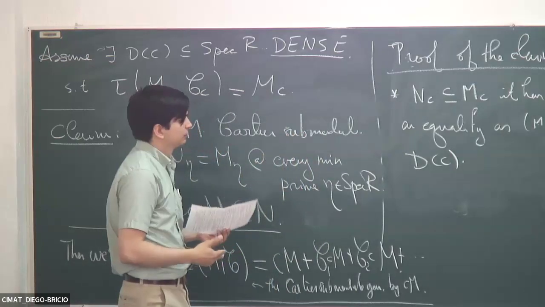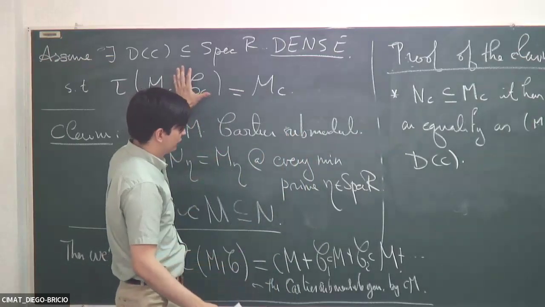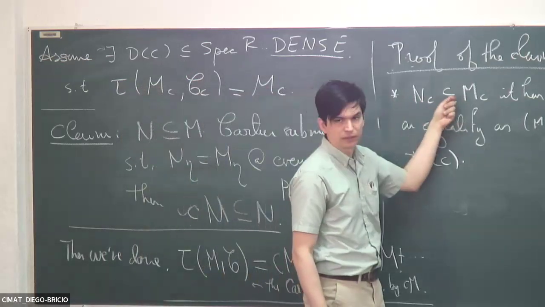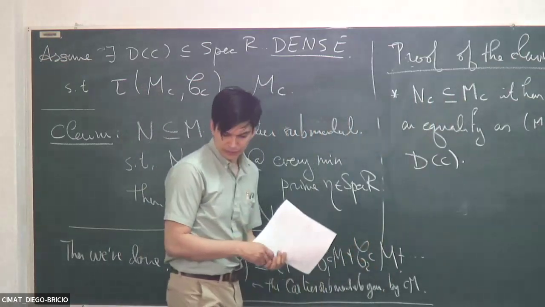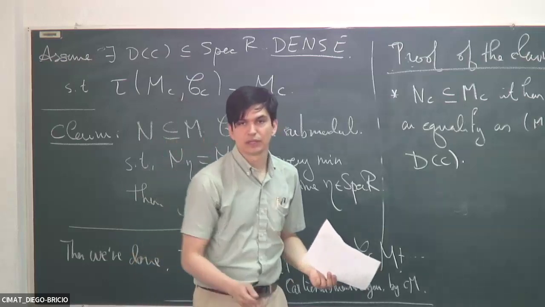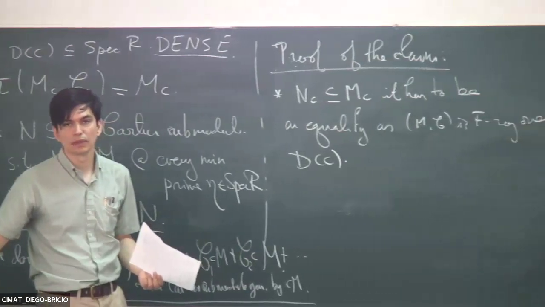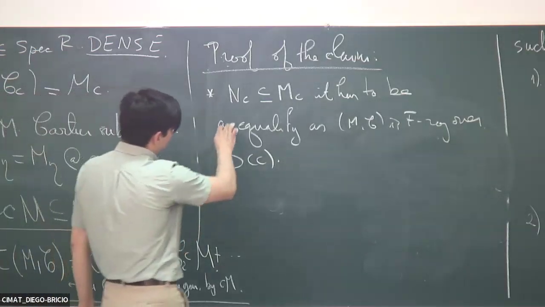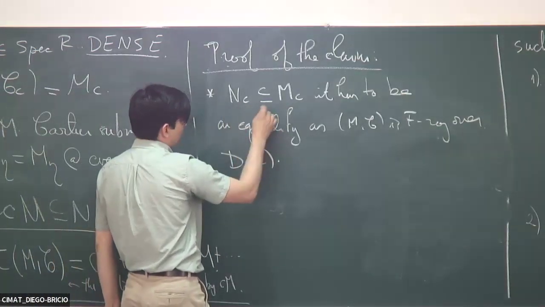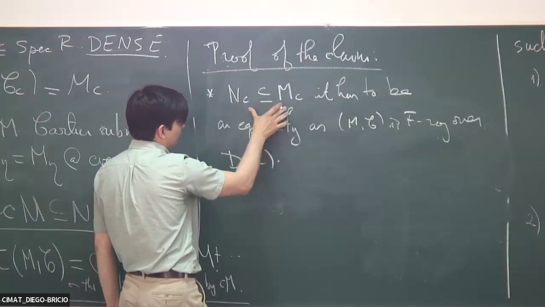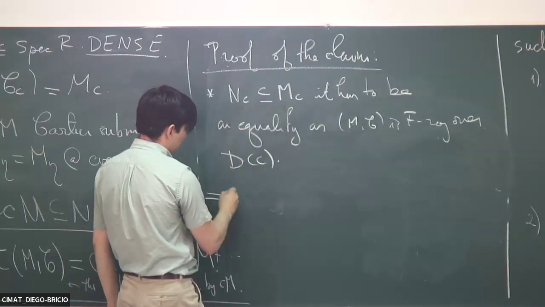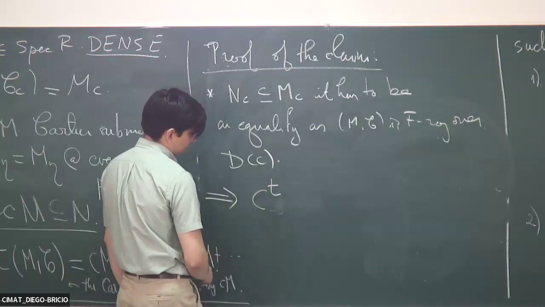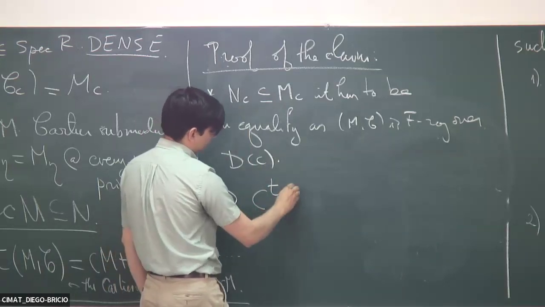Right? That's the hypothesis. We have this generic F-regularity, and so if we have this hypothesis, you have to conclude that this is an equality. Okay, they agree on that open subset. But what does that mean? What does it mean that N inside M is an equality after you localize? It means that there is a t sufficiently large that kills the quotient.